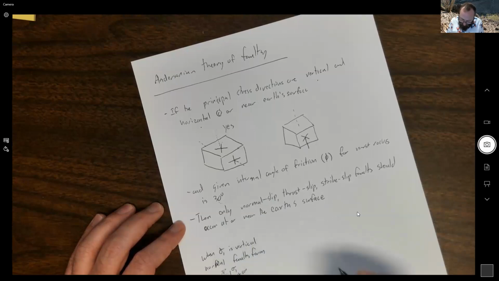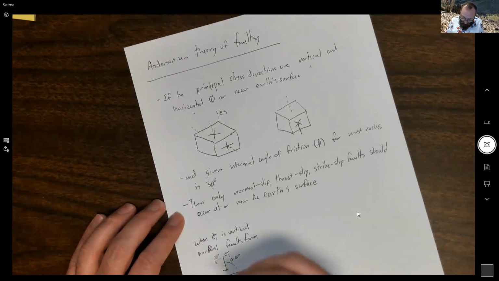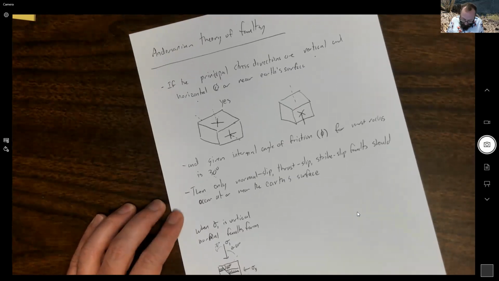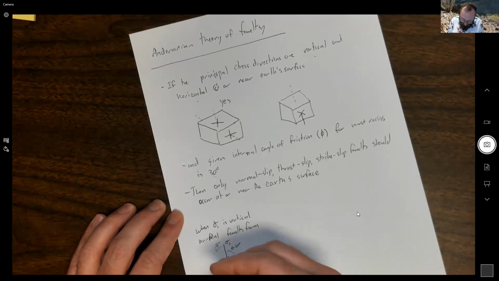We can play around with triangles, but by and large, what that tells us is that the dip of this fault will always be 60 degrees. So we have this rule of thumb that in the normal faulting regime, when sigma 1 is vertical, faults are going to dip 60 degrees from horizontal.